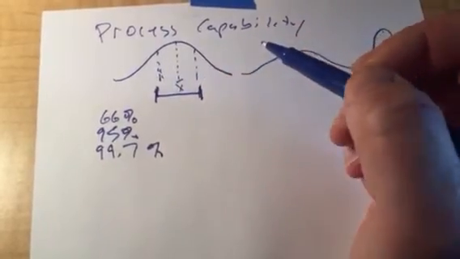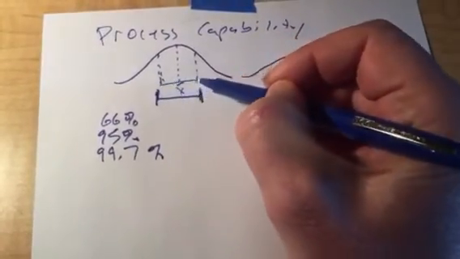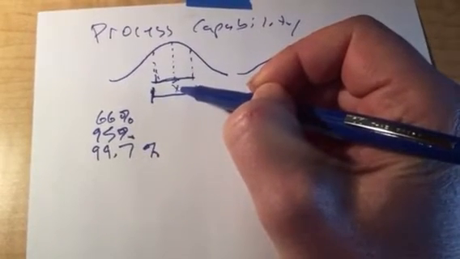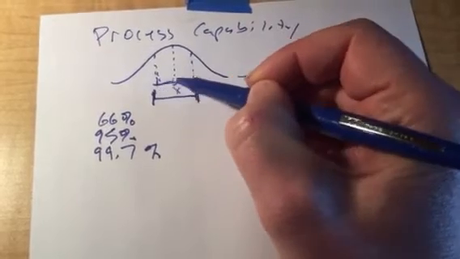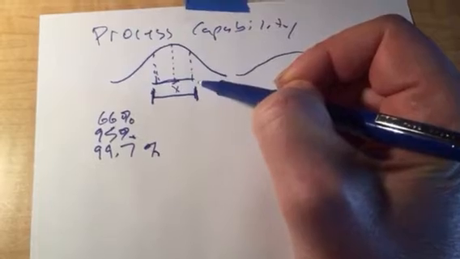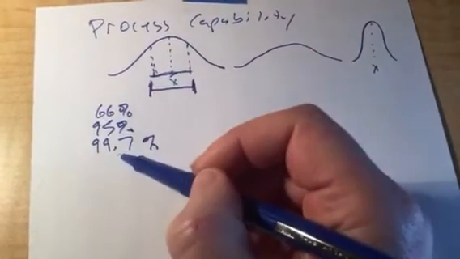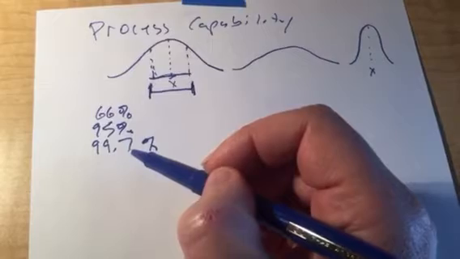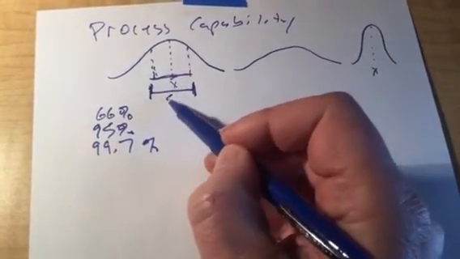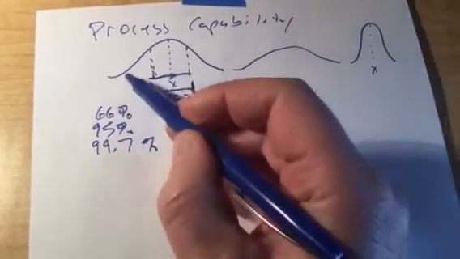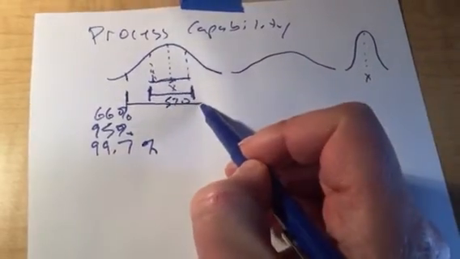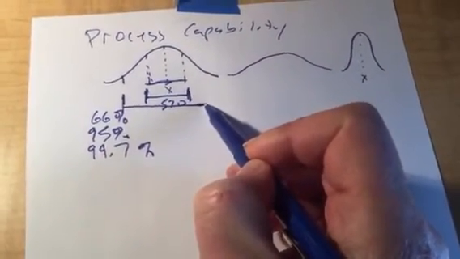If the standard deviation is an inch and the average is 5'10", then about 2/3 of them are going to be between 5'9" and 5'11". And we know that 99.7%, or just about everybody, is going to be within three standard deviations. So if the mean is 5'10", just about everybody would be between about 5'7" and 6'1".